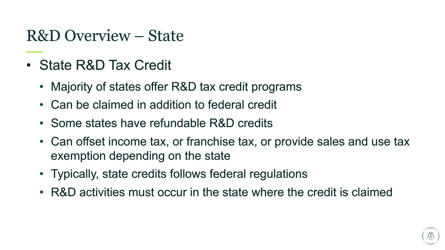Typically, the state credits follow the federal regulations, but they may have some different tax rates or credit rates. The calculation methodology might be a bit different, but just remember that you can take the state credits in addition to the federal credits. And the R&D credit calculation does vary state by state.